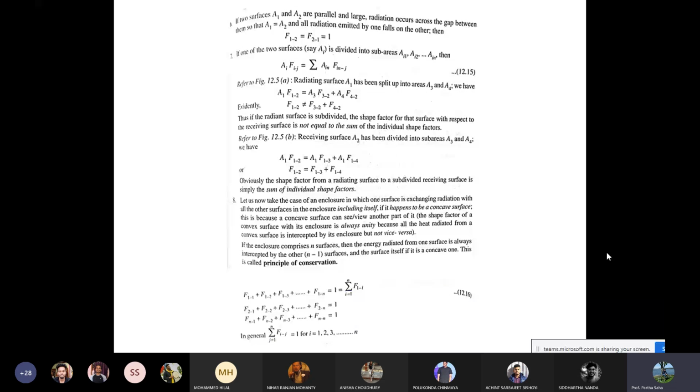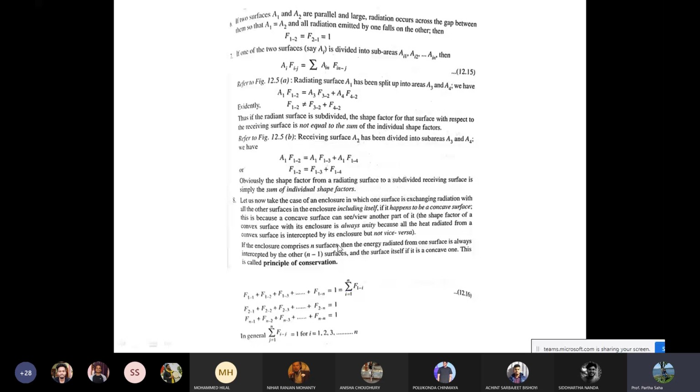If the enclosure comprises n surfaces, then the energy radiated from one surface is always intercepted by the other n minus one surfaces, plus the surface itself if it is a concave one. So, the principle of conservation is saying that if you have n surfaces in an enclosure, then from the first surface, the shape factors of all the surfaces intercepting it sum to 1.